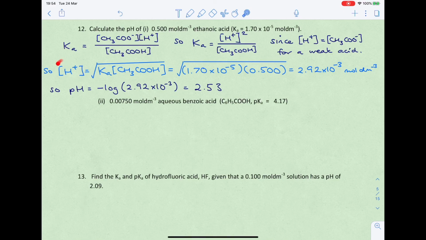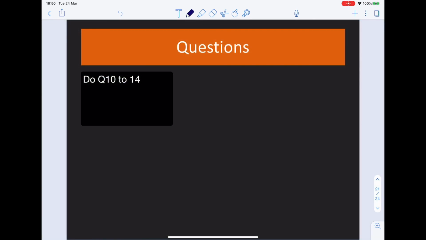Once we know the concentration of H plus ions, we use minus log to the base 10 of H plus concentration to get the pH. So in this case, minus log of the concentration of H plus, which is this, we get 2.53. You should now be able to do questions 10 to 14 in AC18.